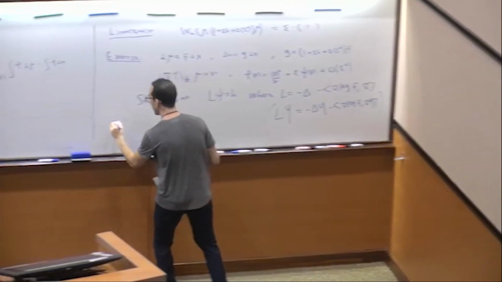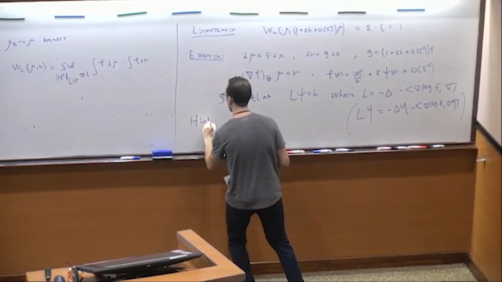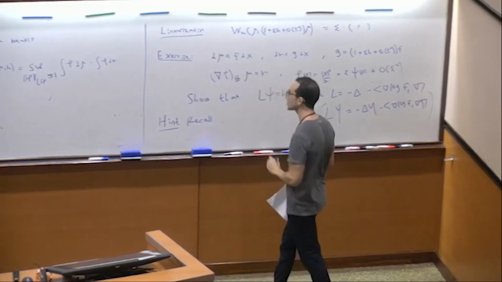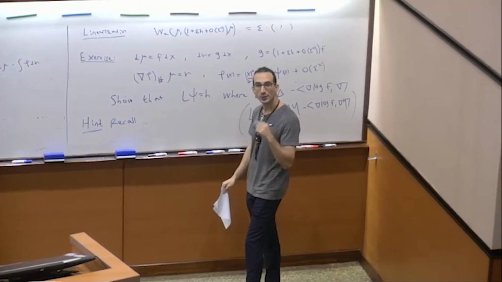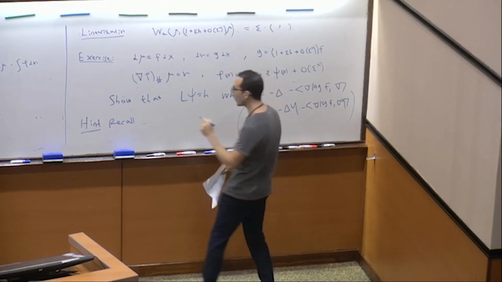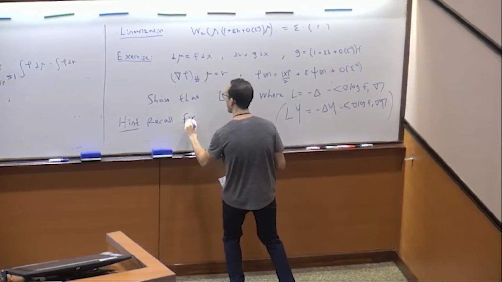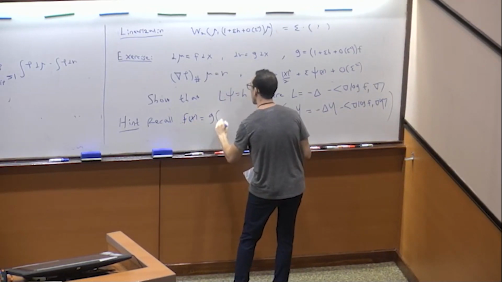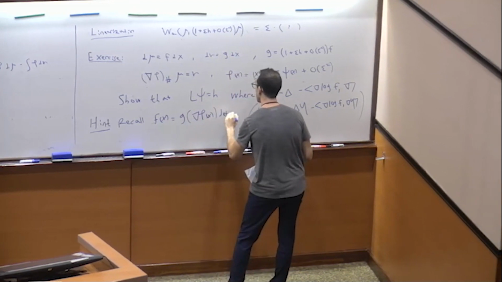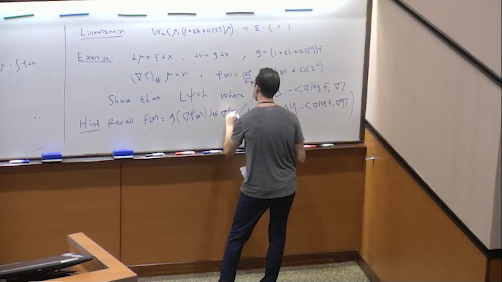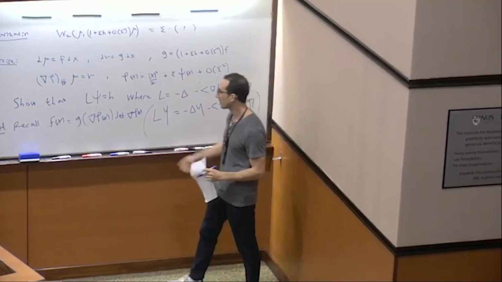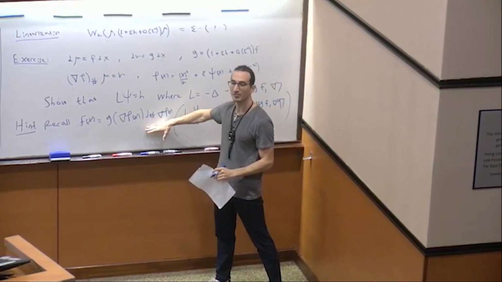So I'll just give you a hint how to do it. You should recall this change of variables formula that we did for transporting from one measure to the other. Remember that we had f of x is equal to g of gradient phi of x, determinant of Hessian of phi of x. I'm not putting the absolute value because now we know that phi is convex and therefore the Hessian is positive semi-definite. So this was true for any transport map.